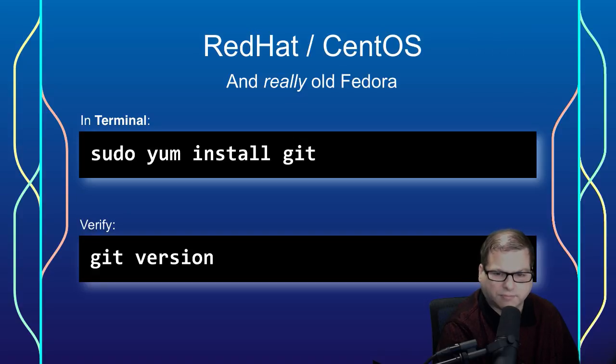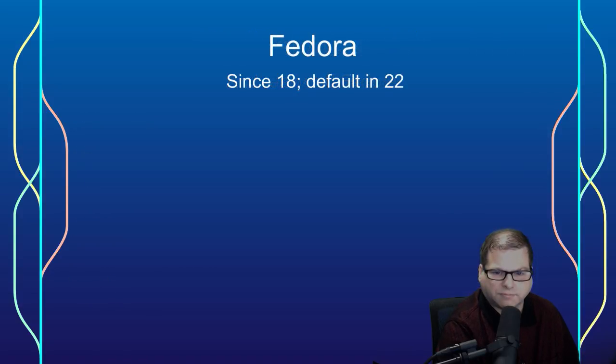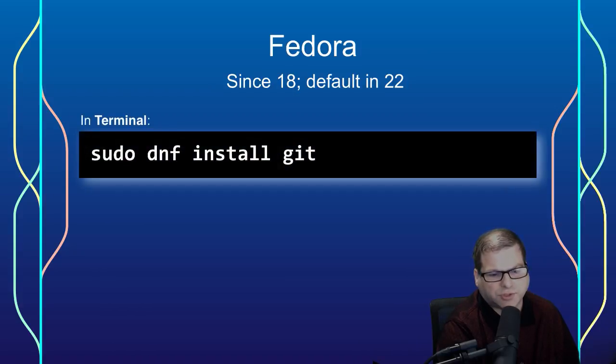On Fedora, that is starting at 18, and it was made default in 22 onwards, you can use the newfangled DNF command, which is the successor to yum. Like all the other commands, it's basically the same thing.